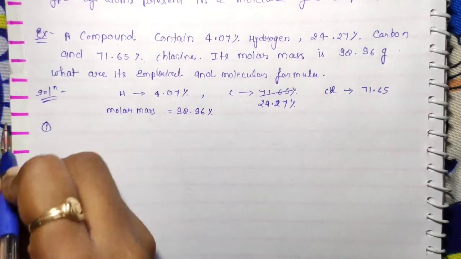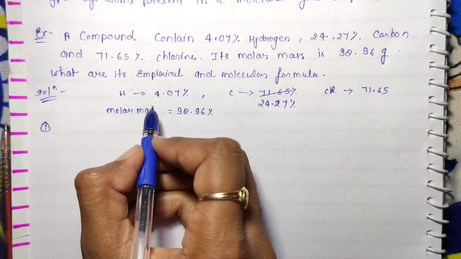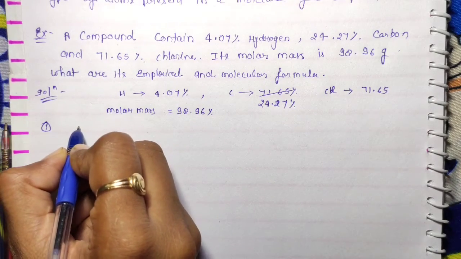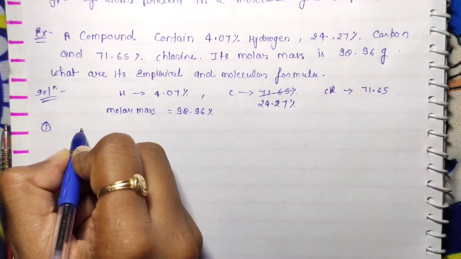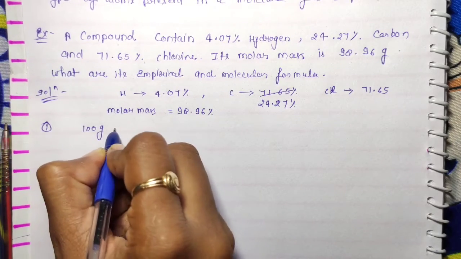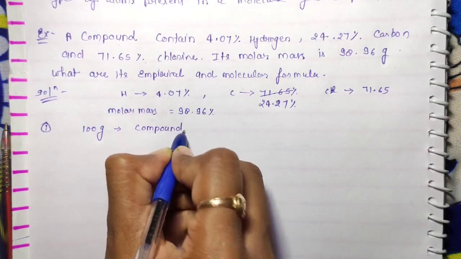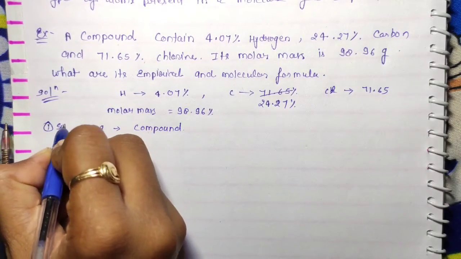Okay, in the first step we will convert this percentage into gram. Let us suppose total compound is 100 gram. It's a compound mass. Okay, suppose.